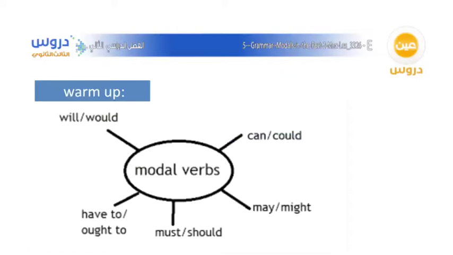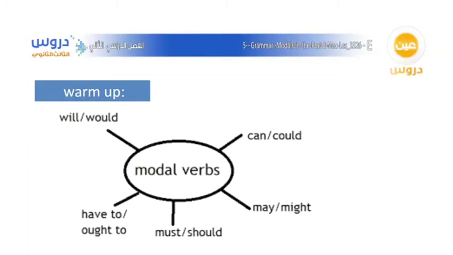Anyway, look. These are examples of modal verbs like can, could, may, might, must, should, have to, ought to, will, and would. These are the modal verbs. However, they should have included 2 more modal verbs like should and shouldn't.